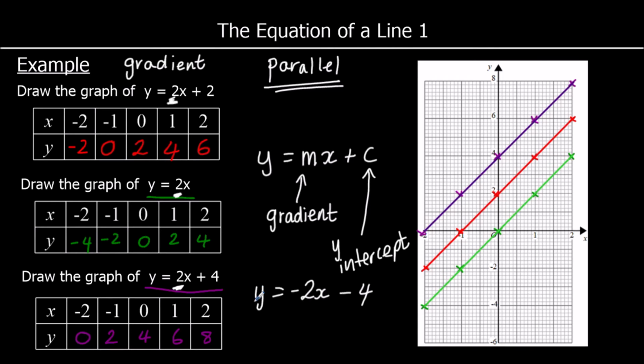If we had y equals 5x plus 1, it will have a gradient of 5. So for every one it goes across, it will go up 5. And it will cross the y-axis at 1. So this is our equation of a line. So we've got the gradient and the y-intercept.